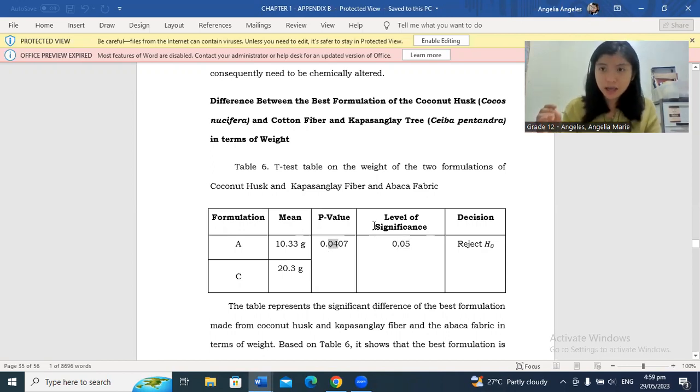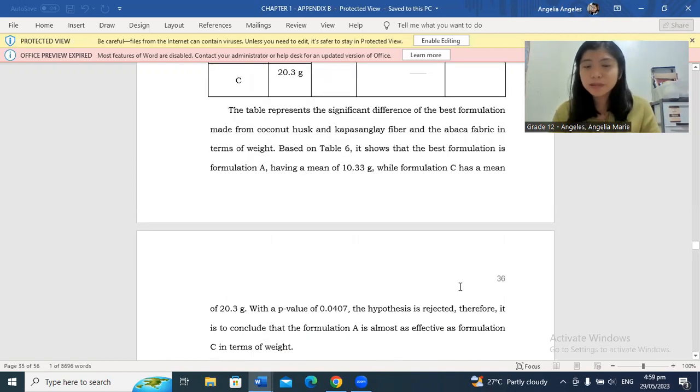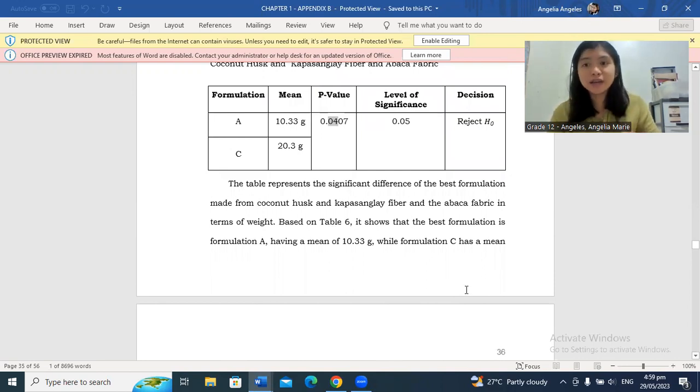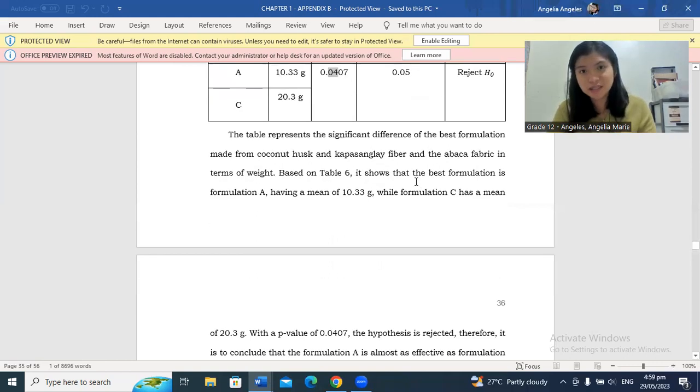Therefore, we reject the hypothesis here. Okay, so, ang conclusion pa din nito is that there is a significant difference between the formulation A and formulation C in terms of weight, and that the formulation A is not as effective as formulation C.